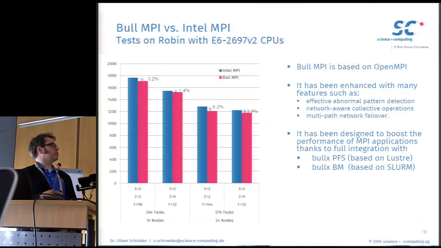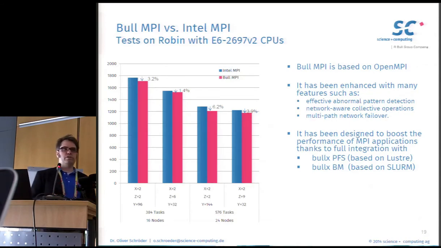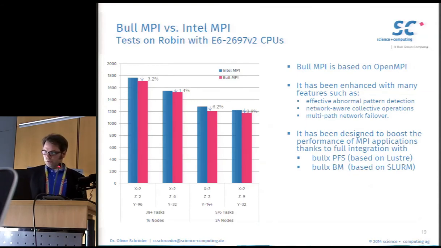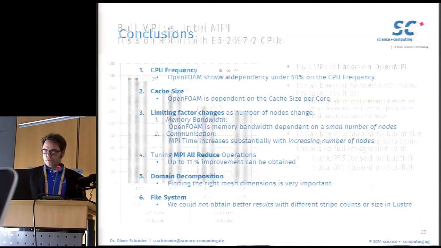So if we just had taken the default domain decomposition, it would have been 3 or 6%. But then when we took the optimal decomposition, this advantage was reduced, as is obvious from our interpretation that we had before, because it improves data locality, so the influence of MPI better be a bit smaller than it was before. Yeah, that's basically all I have to say for Bull MPI.